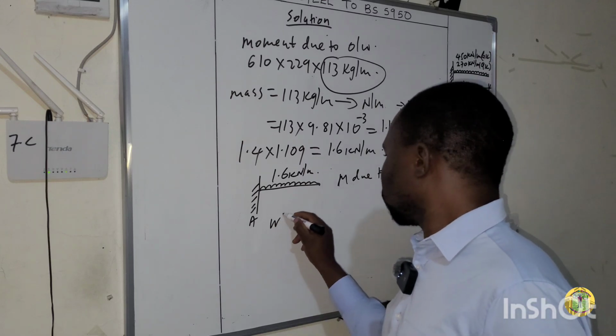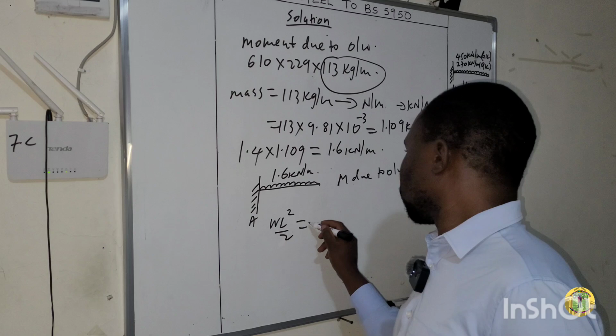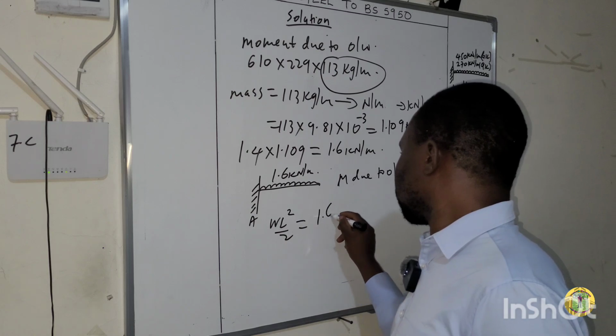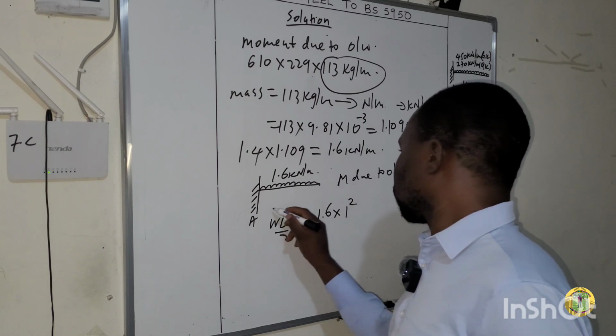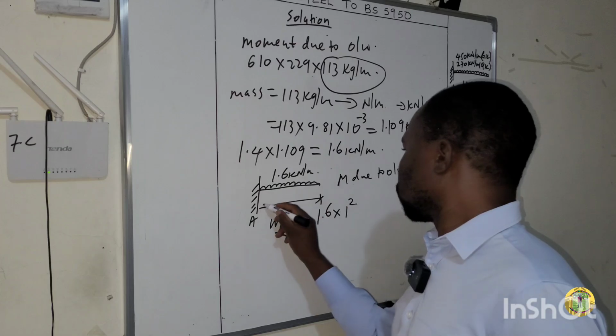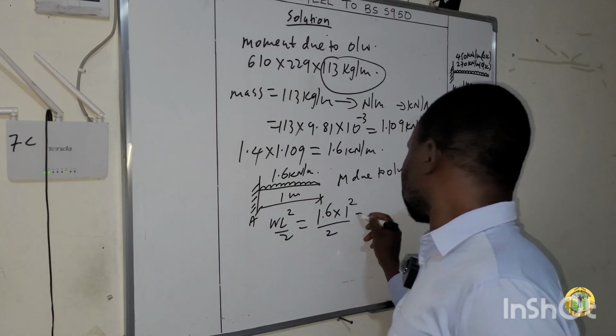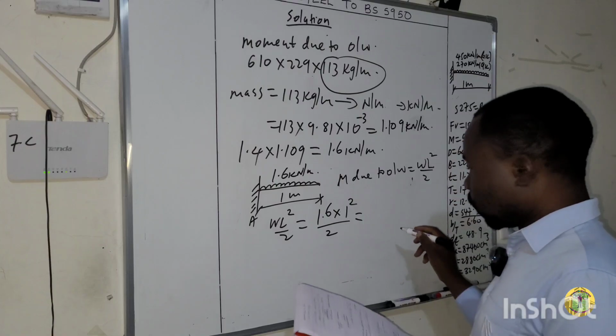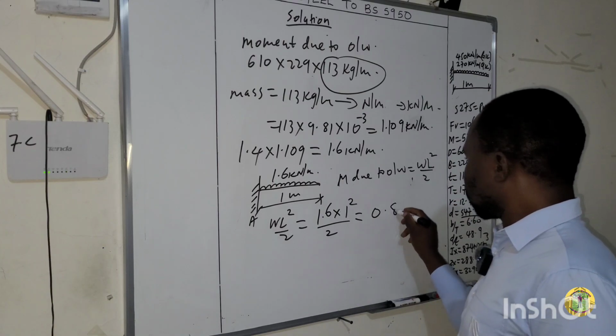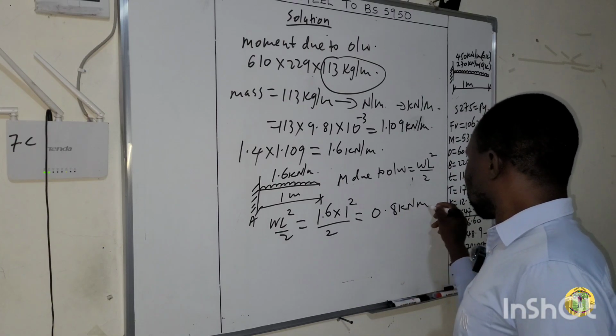So WL square over 2 is equal to 1.6 times 1 square, so this is 1 meter, over 2. So this is equal to 0.8 kilonewton meter.